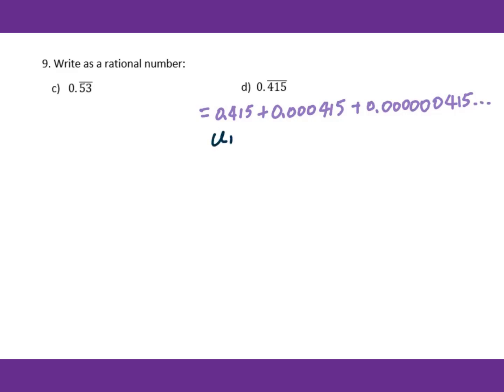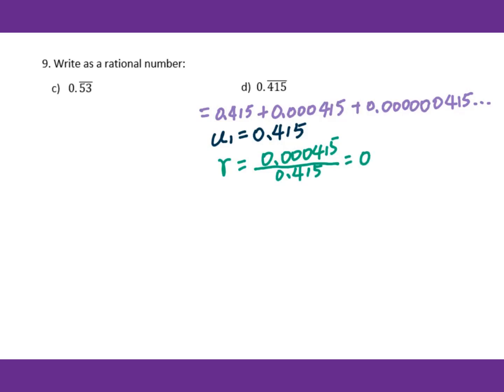So we get U sub 1 equals 0.415. r equals 0.000415 over 0.415.